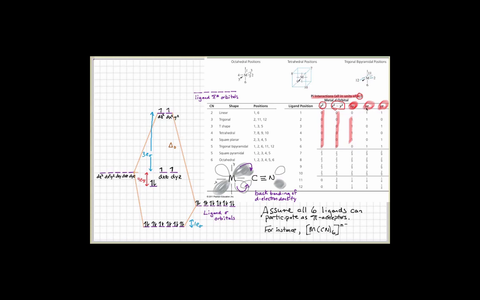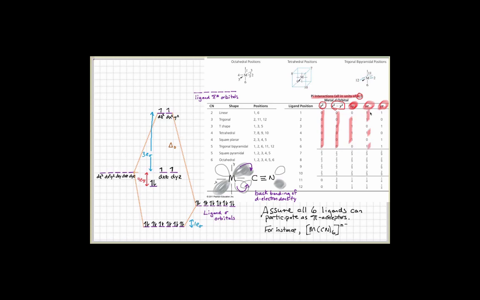And then our dxz and dyz are also lowered in energy due to, for the dxz, interaction at ligand positions 1 and 2 and 4 and 6, and for the dyz at positions 1, 3, 5, and 6, each getting 1 unit for the degree of overlap at those positions.